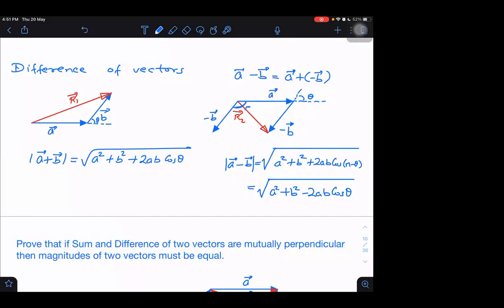This angle is equal to pi minus theta. I have told you, when angle between head and tail is theta, then actual angle between the vectors will be pi minus theta. That point is clear? Yes, sir. Therefore, this negative sign appears because of this. Okay. Next.